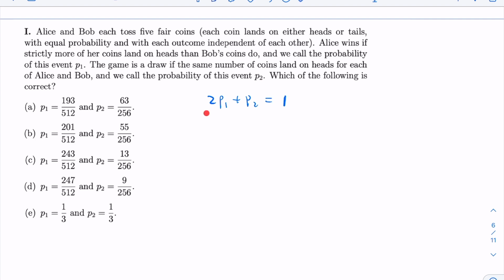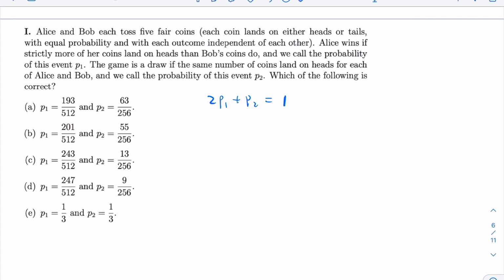Okay, why is it 2P1? Because of the symmetric property, with the same probability that Alice would lose. Now the key here is to find out what is the correct value for P2. P2 means what?